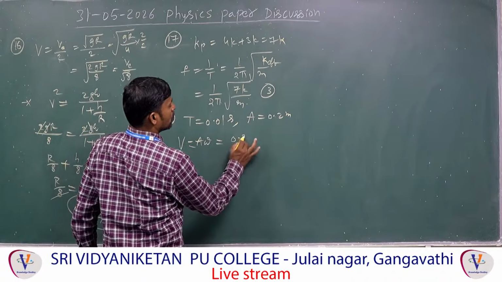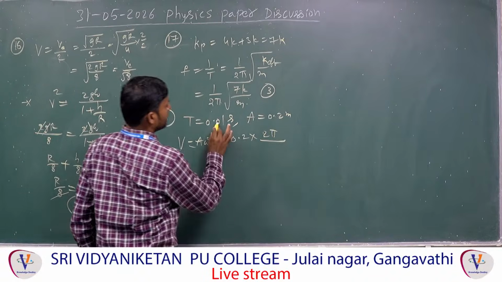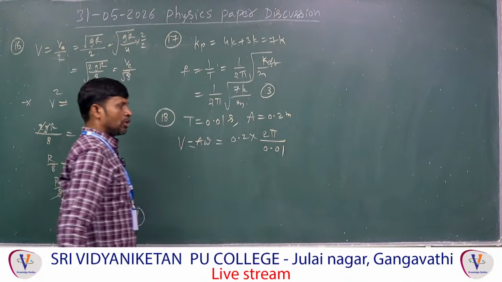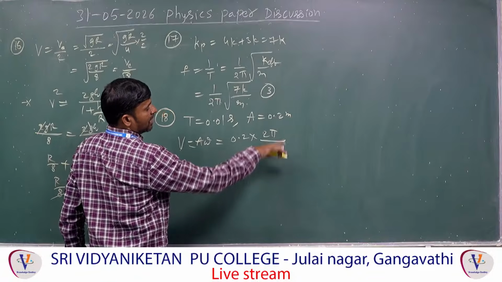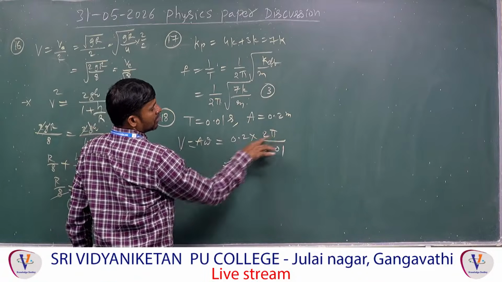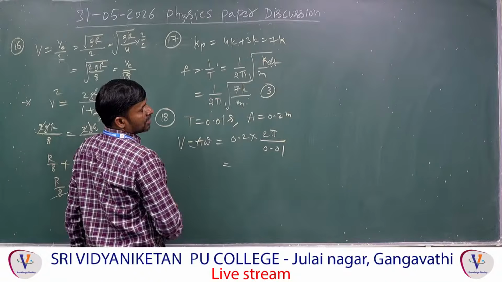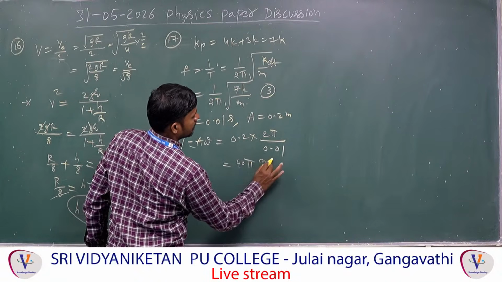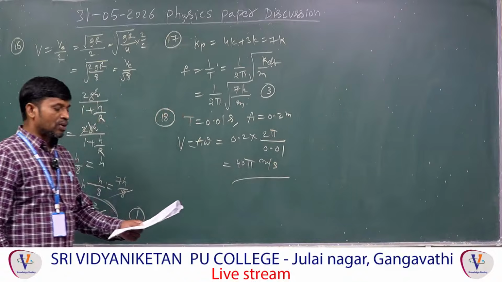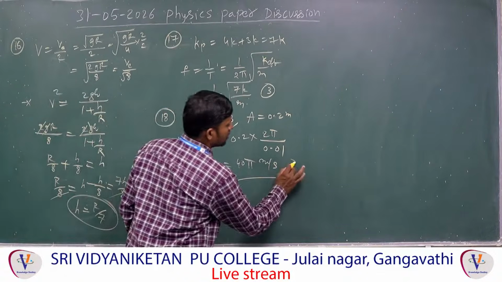Amplitude is 0.2 and omega is 2 pi by T. With T equal to 0.01, which is 1 by 100, taking it to the numerator gives 100. 100 into 0.2 is 20, and 20 into 2 pi is 40 pi. The answer is 40 pi, the third option.